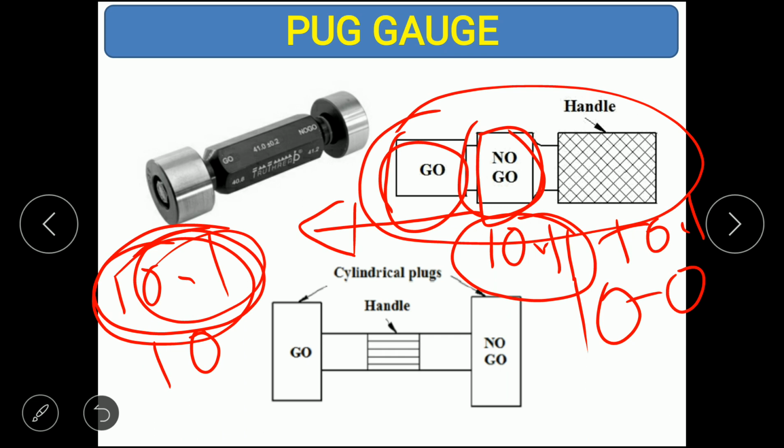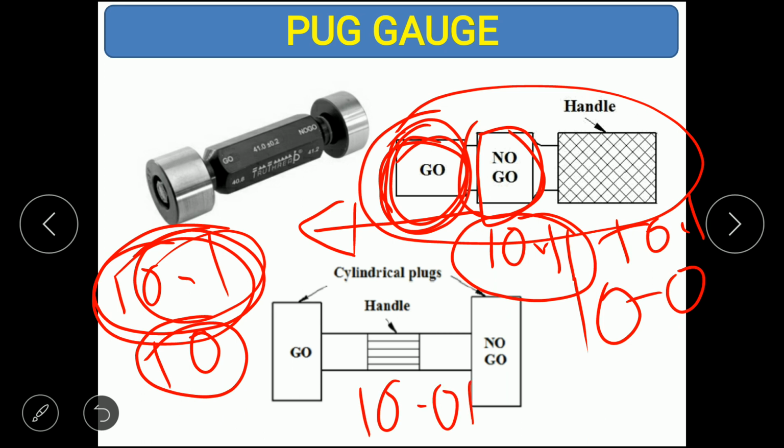And go gauge, suppose let us say the go gauge dimension is more than 10, suppose if it is 10.01, so the minimum dimension is 10.